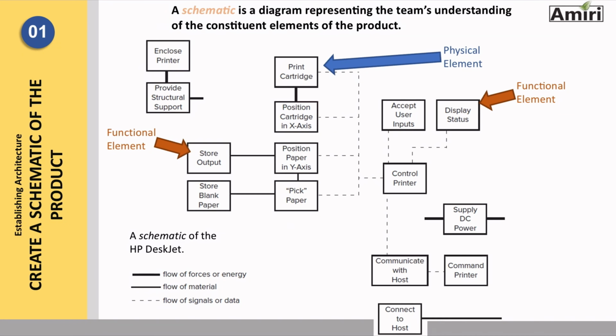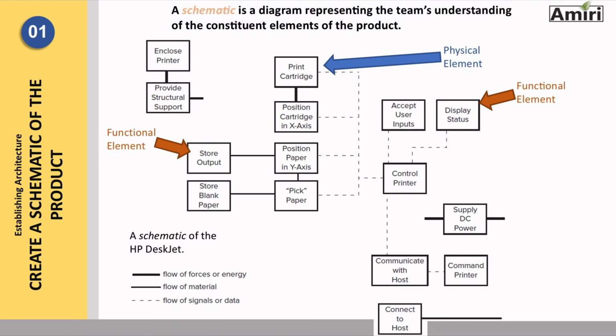Schematic is a diagram that represents the team's understanding of the constituent elements of the product. A schematic for DeskJet is shown here. At the end of concept development phase, some of the elements in a schematic are physical concepts, such as front-in, front-out paper path.